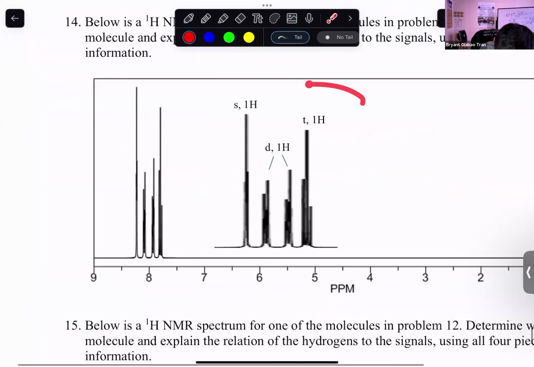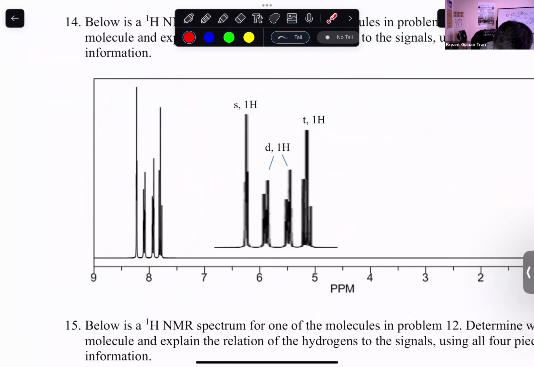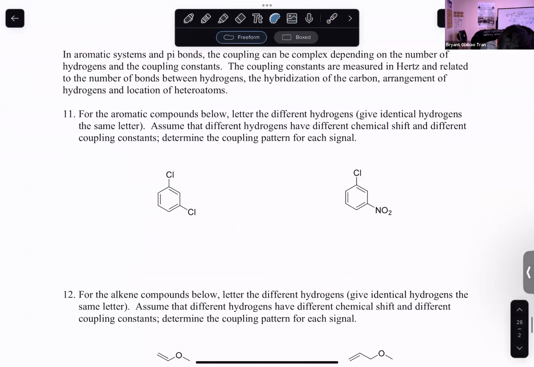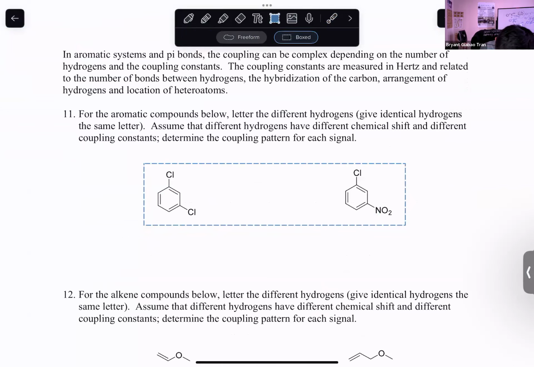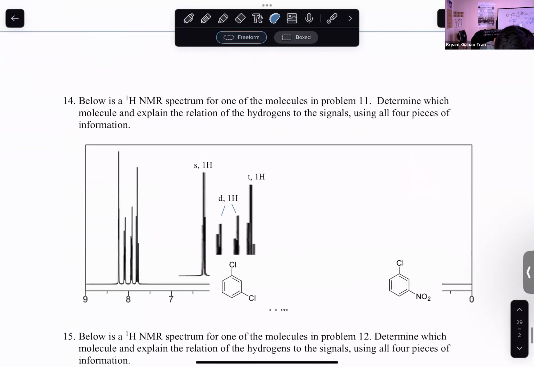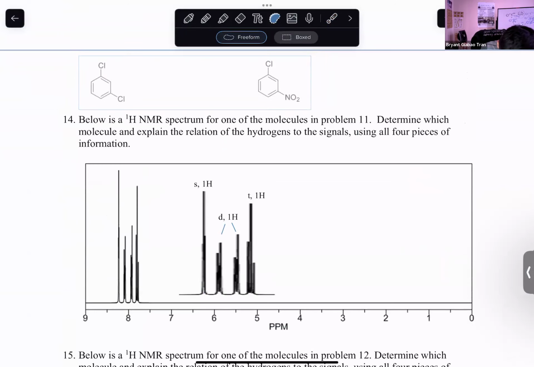So this is a zoomed in version of these 4 peaks right here, right? So I'm going to copy and paste the 2 molecules in problem 11 and then show you how to determine this.